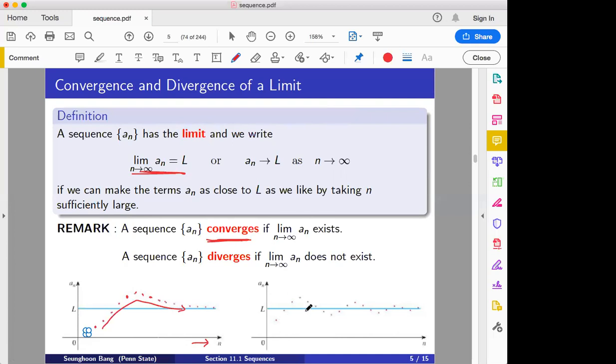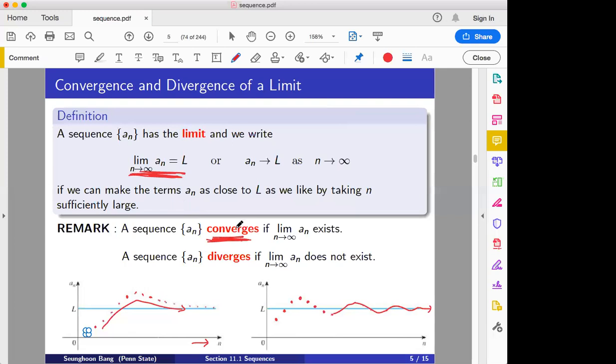It may oscillate a little bit, it doesn't matter. As n is increasing, A1, A2, A3, up to A8, it oscillates a little bit but approaches L. So this is the same: the limit of an is L, the sequence an converges. This is the one idea.